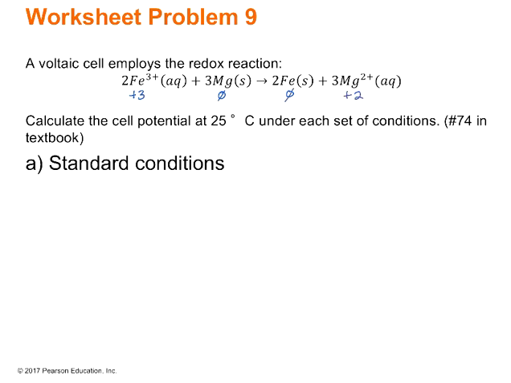All right, so iron, is that oxidized or reduced? It is reduced. It's gaining electrons. And magnesium, is that oxidized or reduced? It's losing electrons, so it is oxidized.